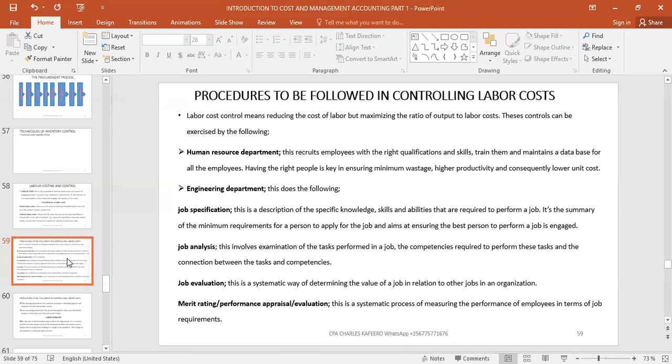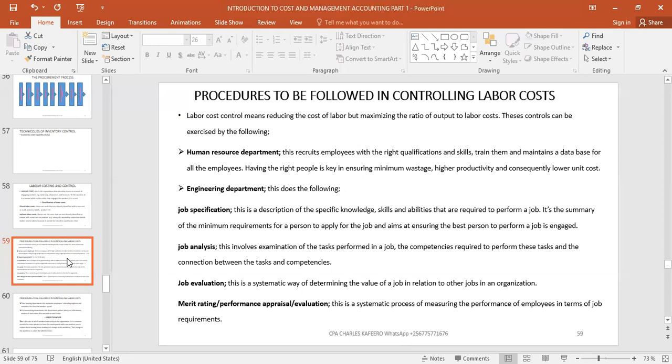And they don't stop there from recruiting them. They also go ahead and give them the right training and make sure that they are performing to the required standards. So the human resource department recruits employees with the right qualifications and skills.